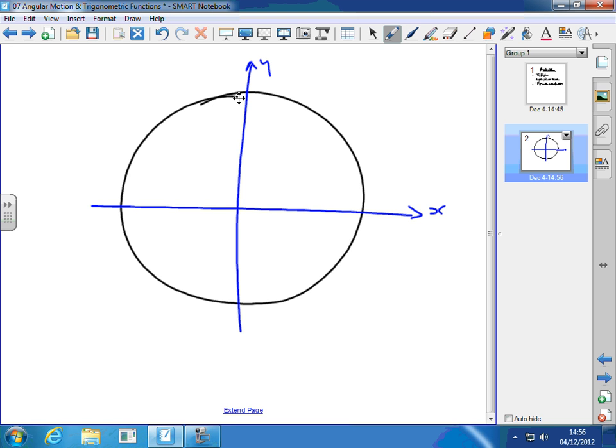So that if we consider a point rotating, and we generally consider anti-clockwise rotation as being a positive rotation, then we could talk about its position in terms of where is it on the x-axis and where is it on the y-axis. So we can give it a coordinate, or we can talk just about how far is it going up the y-axis or how far is it along the x-axis.